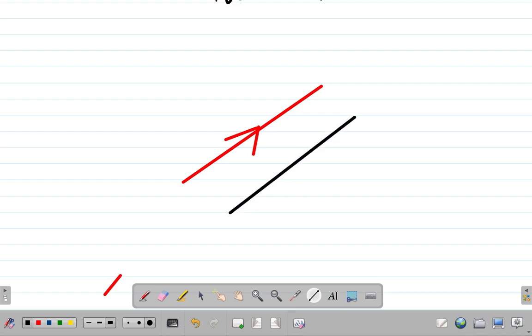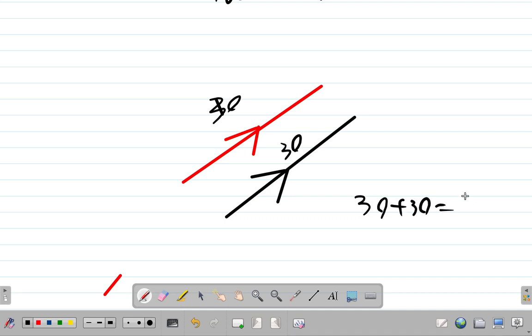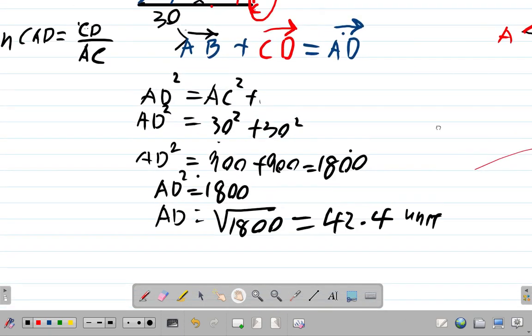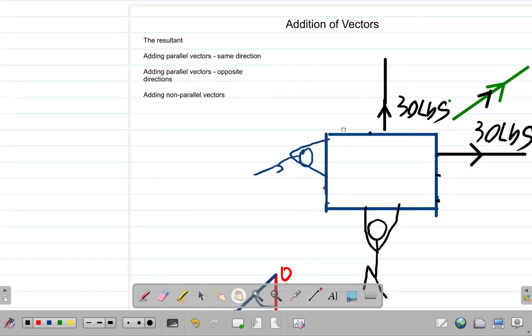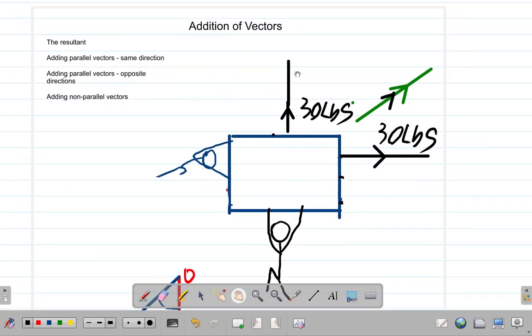It could have been a case where one is acting that way and the other is acting that way. You add the numbers just the same. If this is 30 and this is 30, then the resultant would be 30 plus 30 for 60 units. That is what happened when they point in the same direction.